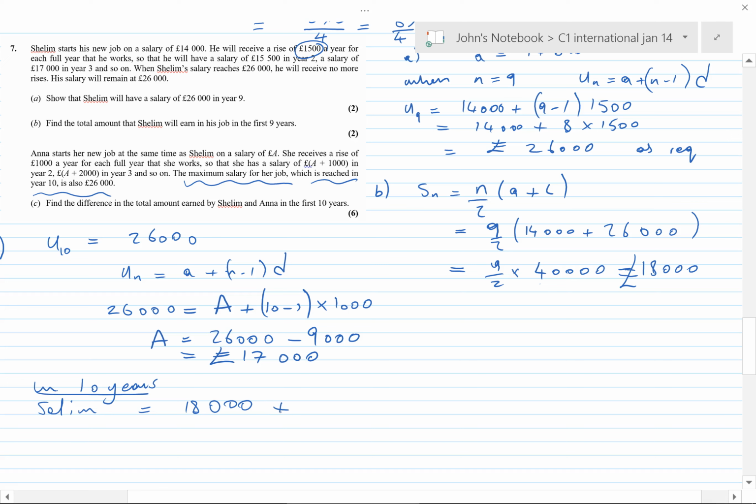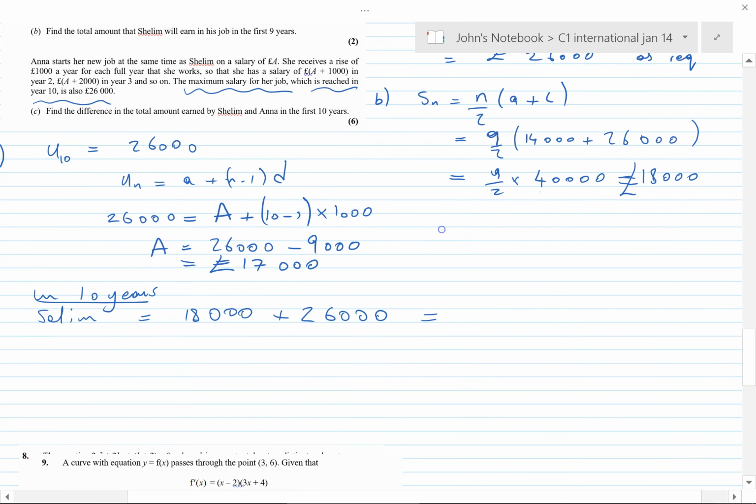But then, of course, it's not gone up anymore after that. So plus the salary in year 10. Okay, so that will be 206,000 as a total, because it stayed steady after 9 years.